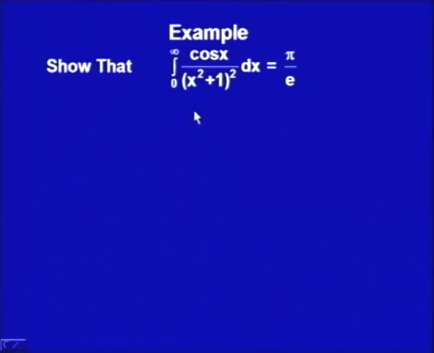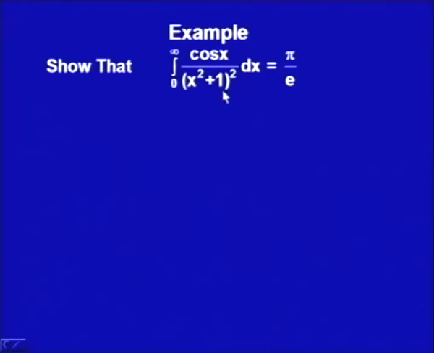Now, we see that the integral is from 0 to infinity. The integrand has one term cos s x and another term 1 upon (x square plus 1) whole square. So we see that we could write this in the form of an f(x) cos s x kind of integral.